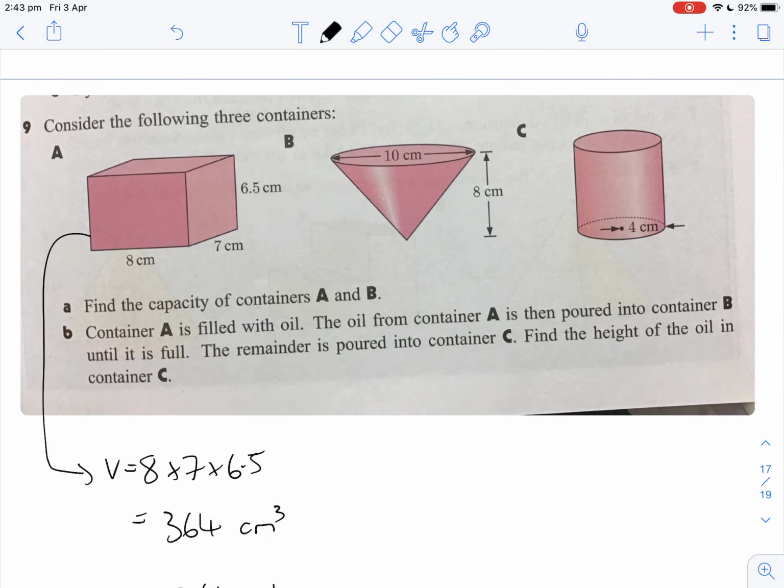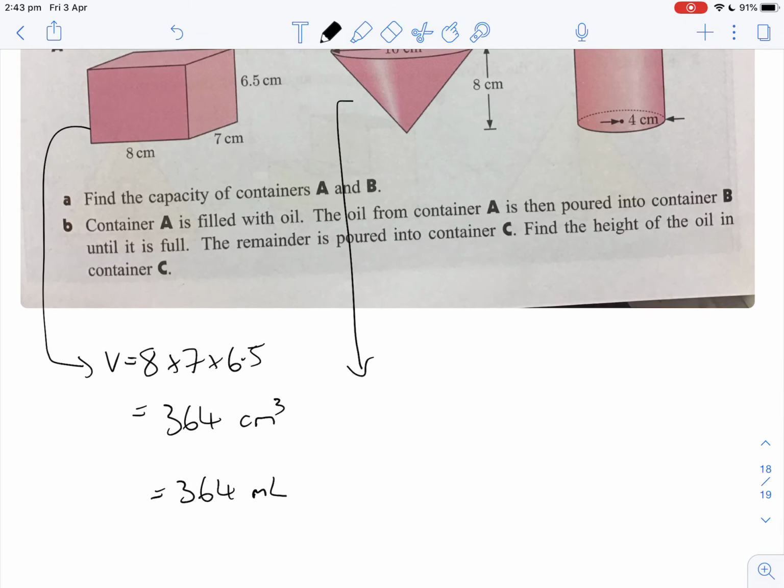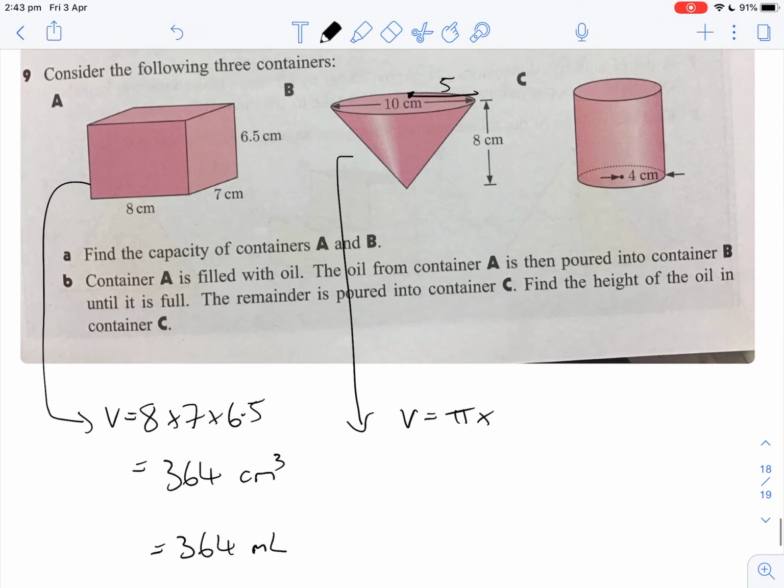If I did the next shape, I'm doing this one here now. This one here is a cone, so my formula for the volume of a cone is pi times my radius squared. They've given me here the diameter, so don't forget you only need the radius, which is half of that.